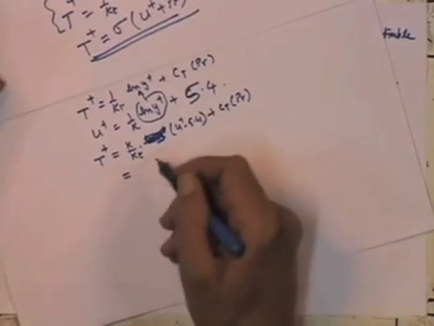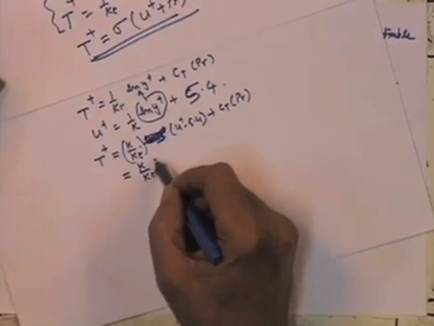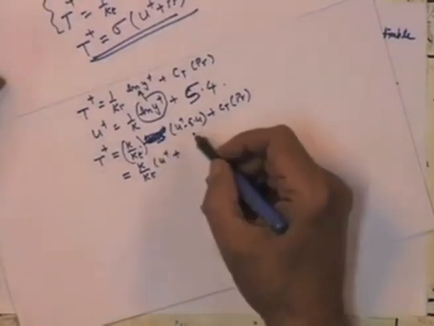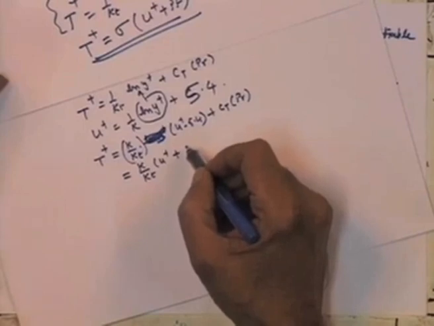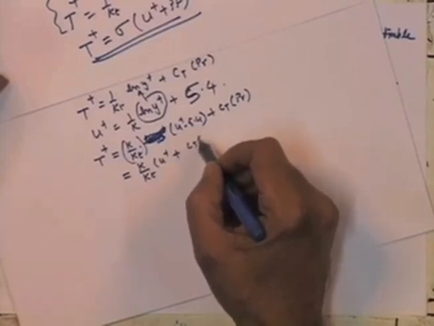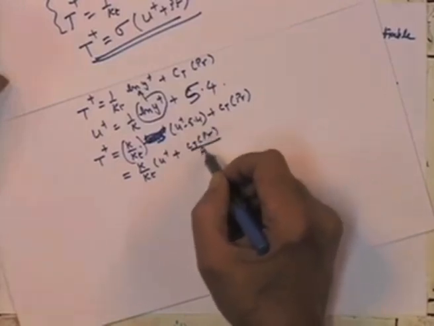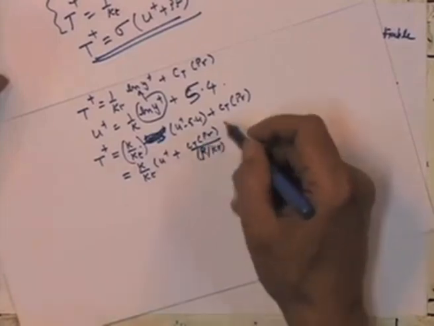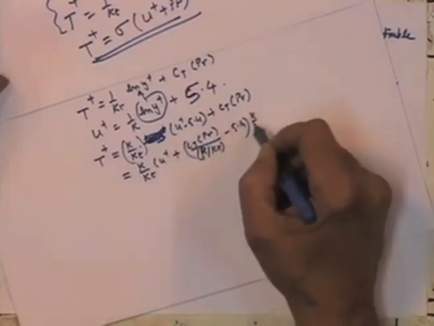Or another way of writing is kappa over kappa t into u plus plus another quantity called Ct of Prandtl divided by Prandtl t, or kappa over kappa t minus 5.4 divided by kappa over kappa t.